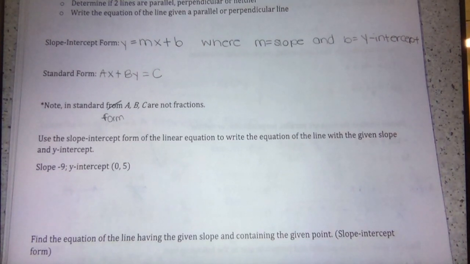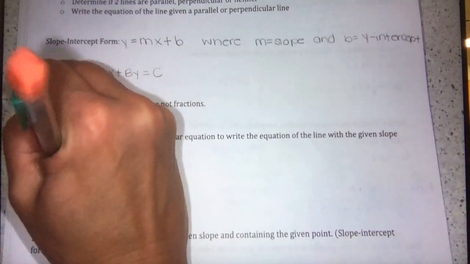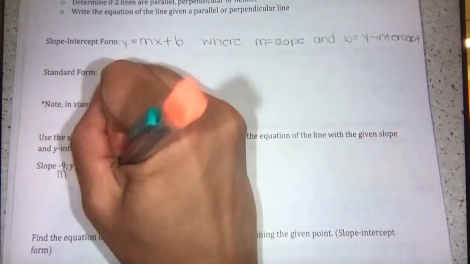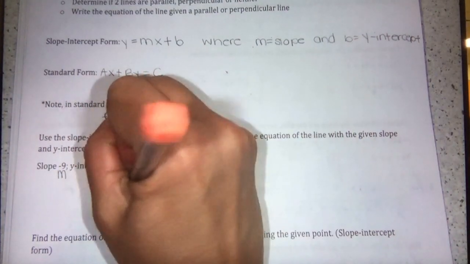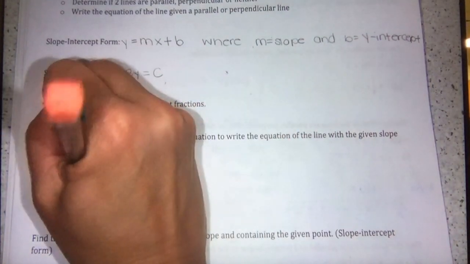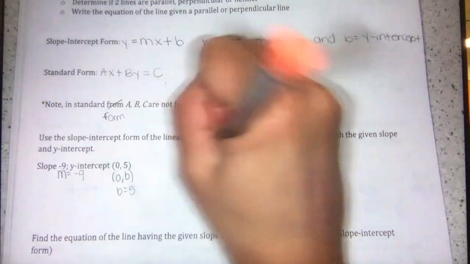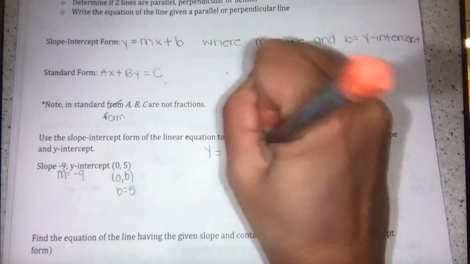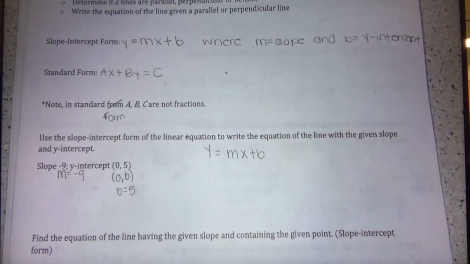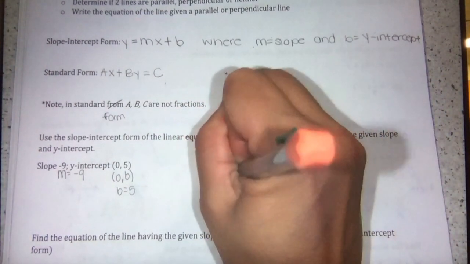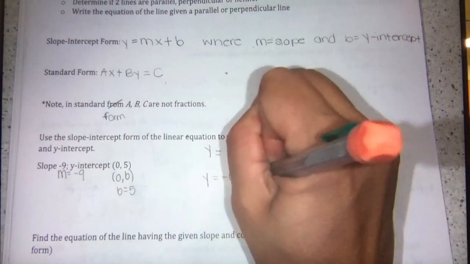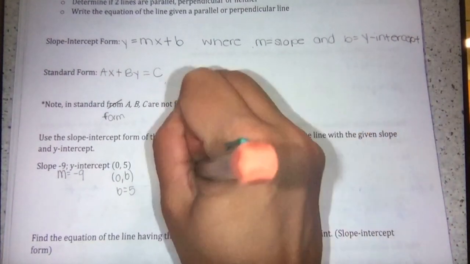So our slope, which we know is m, is going to be -9. And our y-intercept, which we know is b, is 0, 5. So we know our b value is 5, our m value is -9. Plugging those values into our slope-intercept form of y equals mx plus b, we get y equals -9x plus 5.